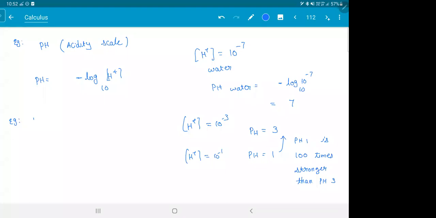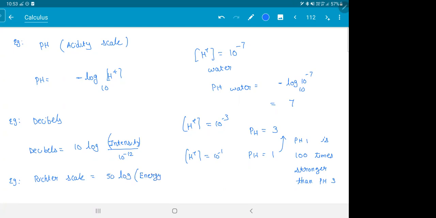We use this thing in decibels also. Heard about decibel, sound? Decibels is given by 10 log intensity of sound by 10 power -12. There is a formula for that. So we use it for that also. We use it for the Richter scale, earthquake. That is, the magnitude is given by a constant times log of the energy released during an earthquake.